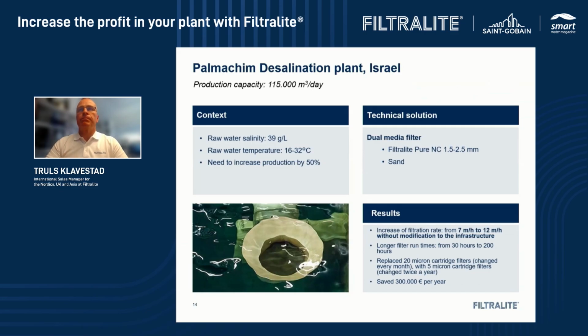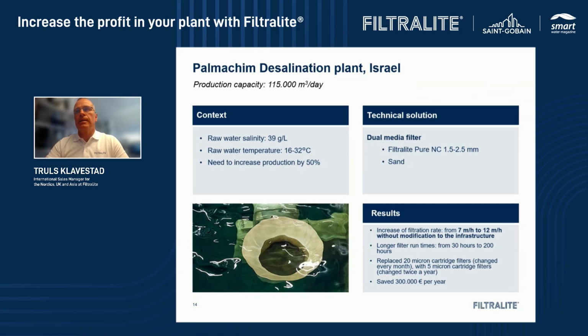Here is another project from Palmachim. They have a water salinity of around 39,000 ppm, or 39,000 milligram per liter. The challenge was that they needed more water, so they needed to increase the production by 50%.